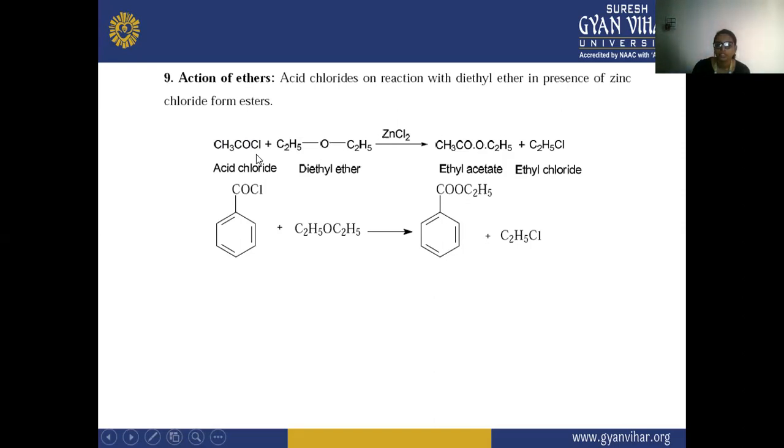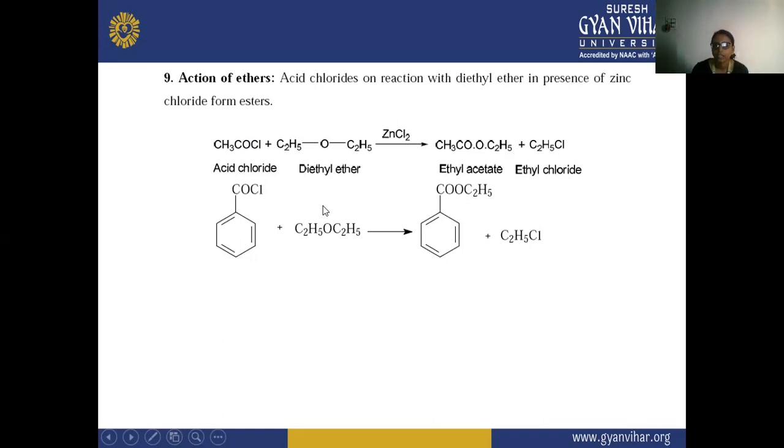So the C2H5O negative will react with the positive CH3CO, and there is a formation of ethyl acetate. The second product is C2H5 positive, and this will react with the chlorine, which is having the negative charge, and there is a formation of ethyl chloride.